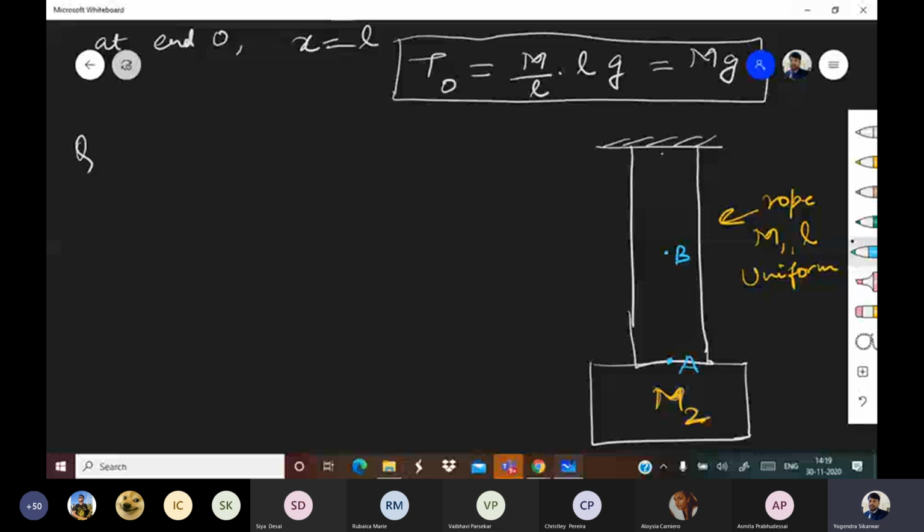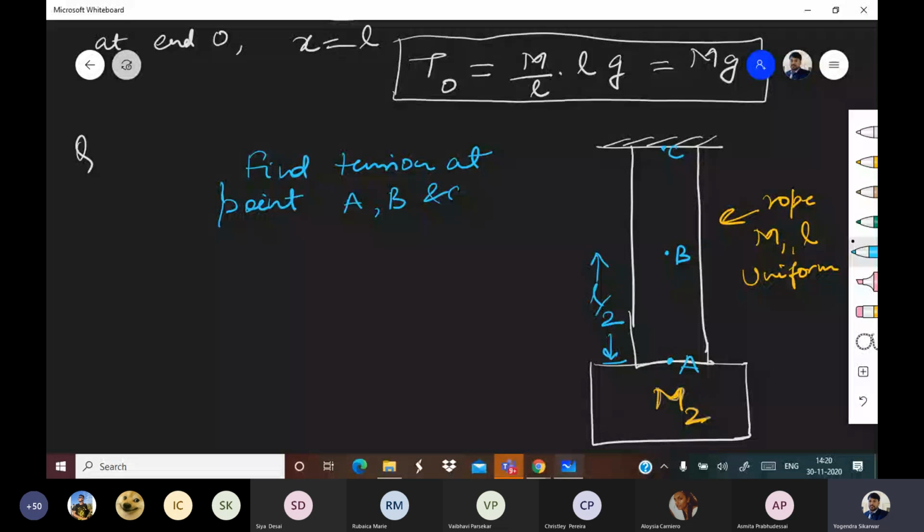Question says find tension at point A, B, and C.